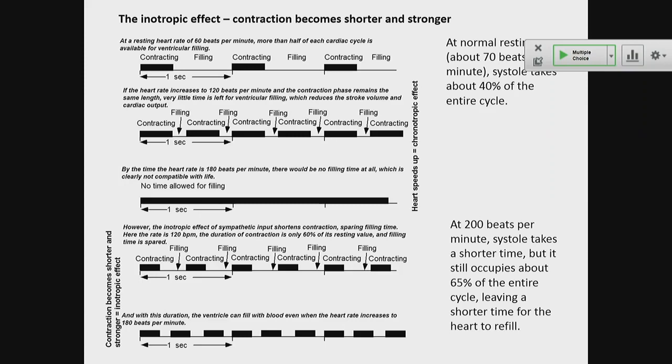And now in the autorhythmic cells, remember, these are the cells that have the HCN channels. I want to remind you that HCN stands for hyperpolarization activated cyclic nucleotide gated channel, okay? Cyclic nucleotide gated, so now this actually comes into play.